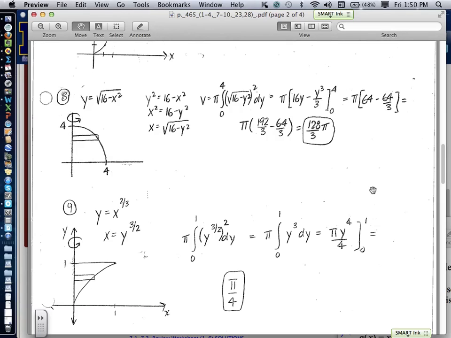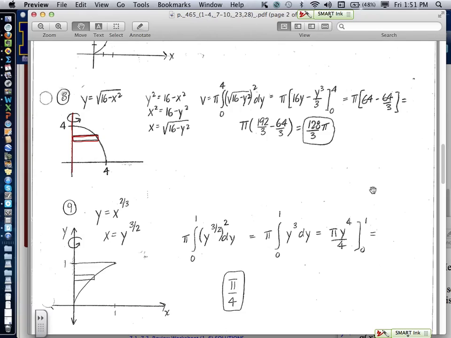That makes it kind of easy to graph. But when we rotate around the y-axis, our axis of rotation is perpendicular to our representative rectangle, so again you have to integrate with respect to y. So you have to rewrite the equation x as a function of y in order to integrate that way.